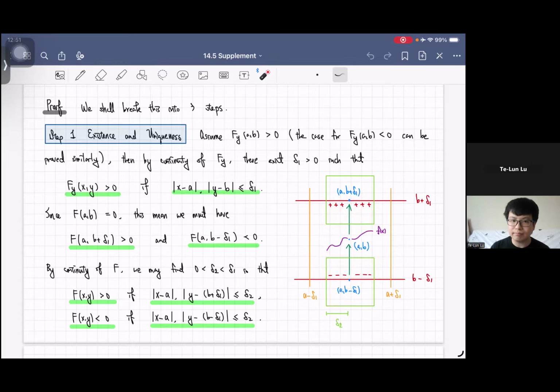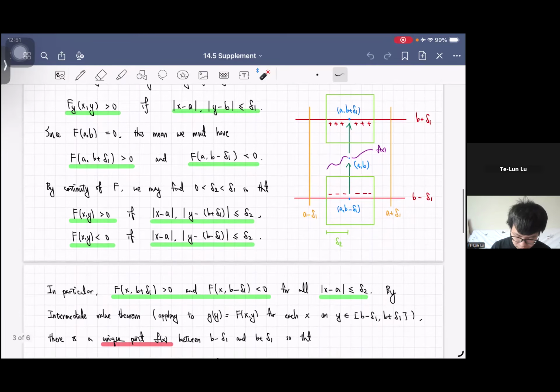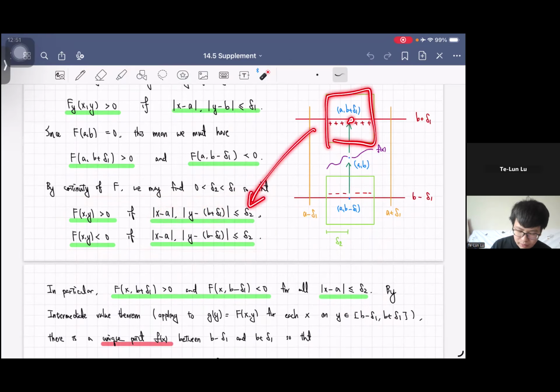This is the precise statement. Whenever x and y are close enough to (a, b plus delta 1), which is this point, in this green box, then you always have f(x,y) being positive. And the same thing happens for the lower box. In particular, this line is negative and this line is positive.